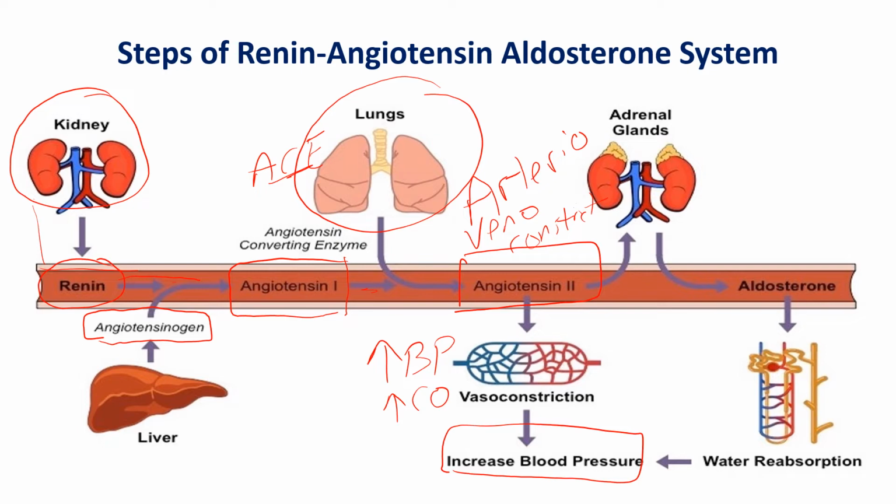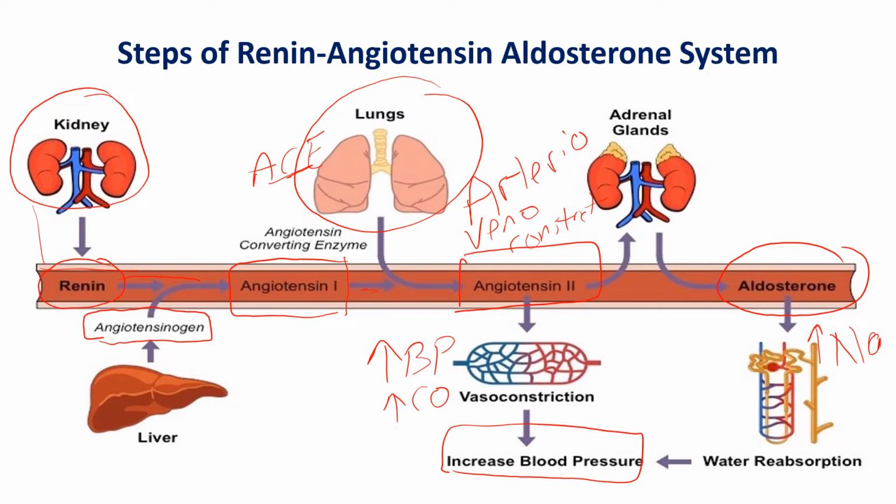Now, at the same time, angiotensin 2 is also present in the zona glomerulosa, which is in the adrenal gland, of course. Now, this will release a substance called aldosterone. Now, when aldosterone is released, it will increase sodium retention.